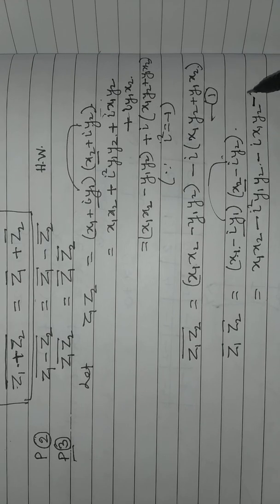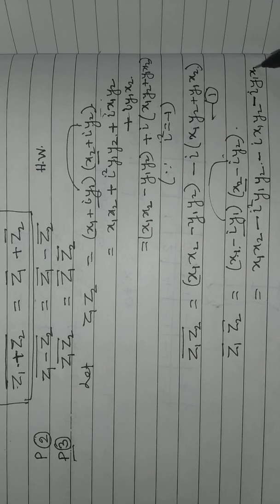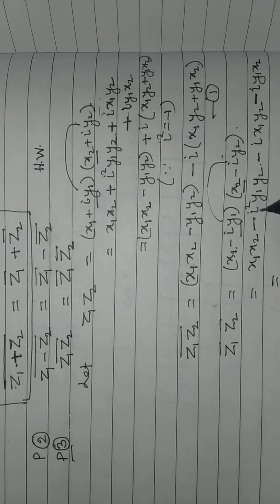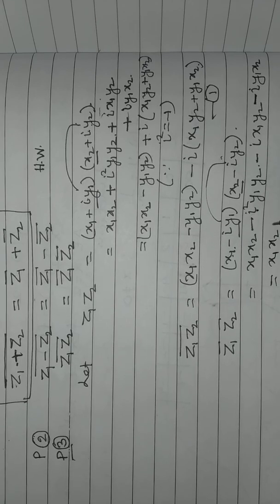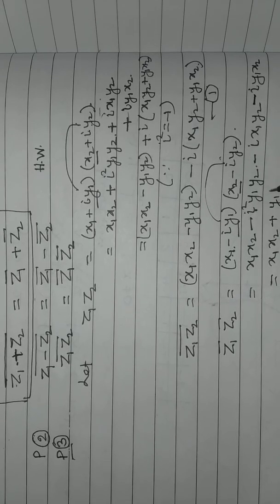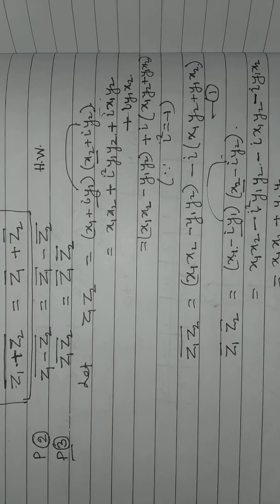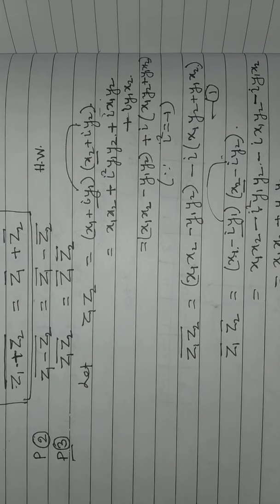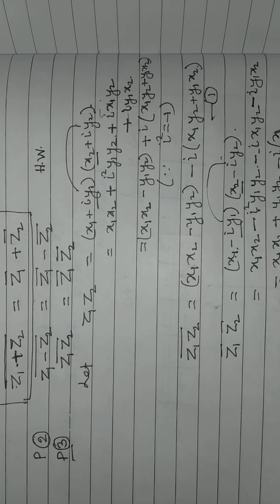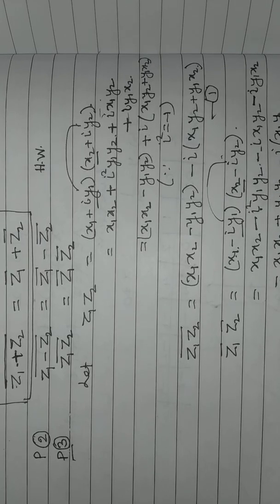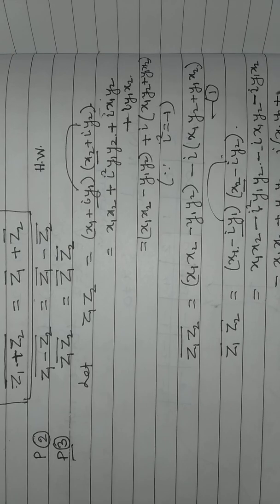Here we put the value of I square, so x1 x2 minus y1 y2, as we know that iota square is equal to -1. Here taking minus I common, x1 y2 plus y1 x2.